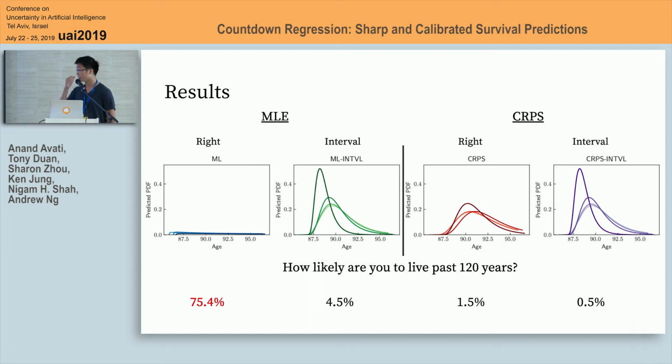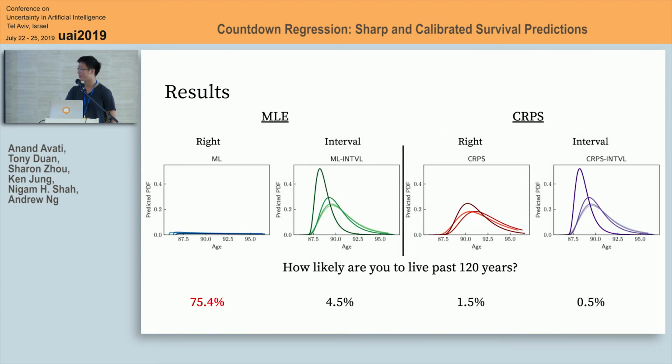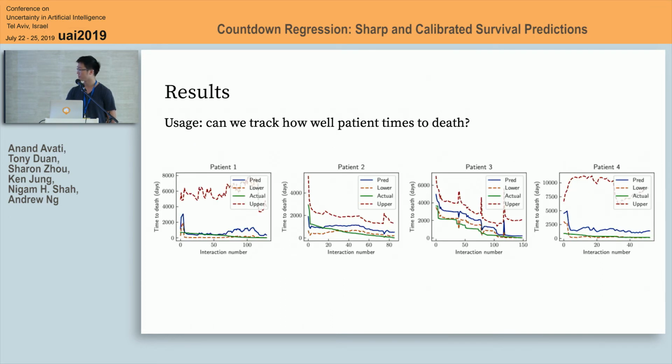We train these neural networks with the interval and right-censored variants, and in general show that the interval-censored variant with CRPS yields the sharpest distributions. The calibration curves, unfortunately, are not here, but all these models are more or less well calibrated.